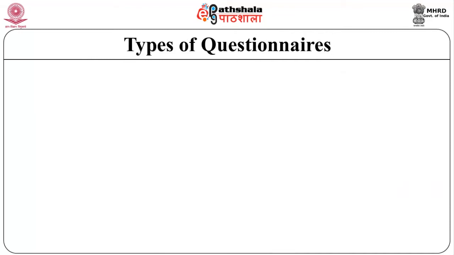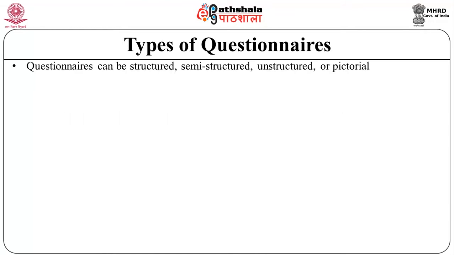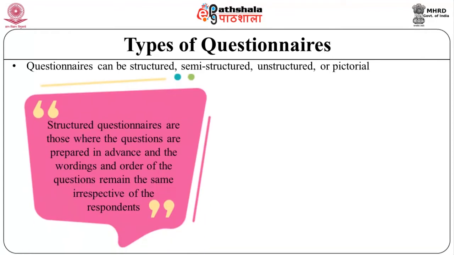Types of questionnaires. Questionnaires can be structured, semi-structured, unstructured, or pictorial. Structured questionnaires are those where the questions are prepared in advance and the wording and order of the questions remain the same irrespective of the respondents.